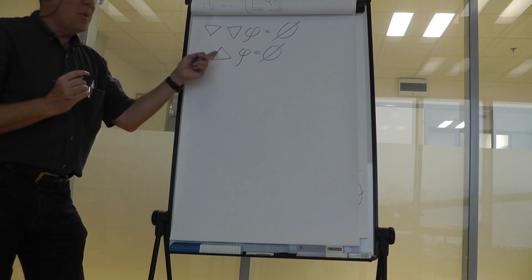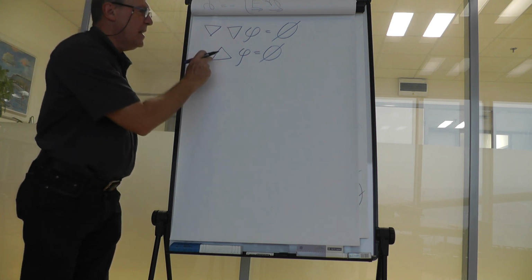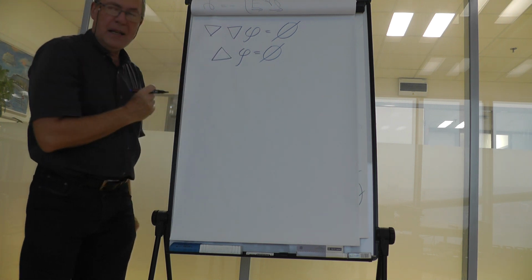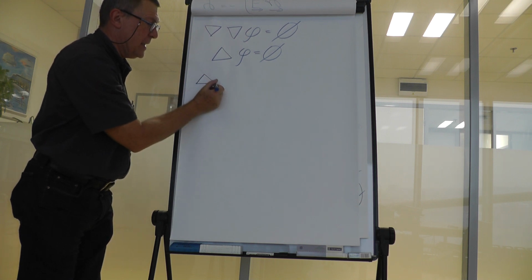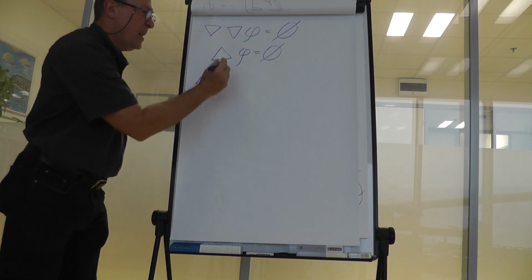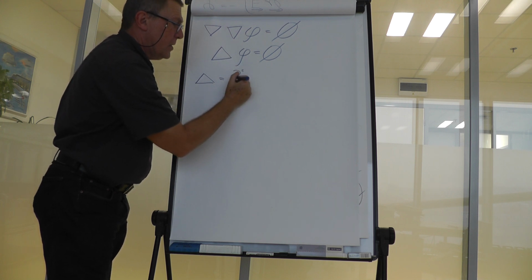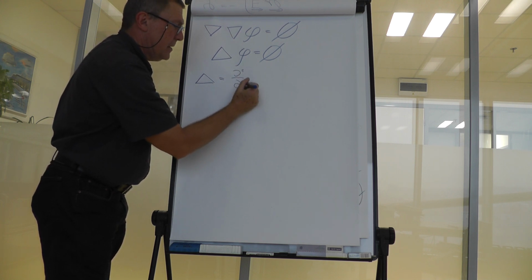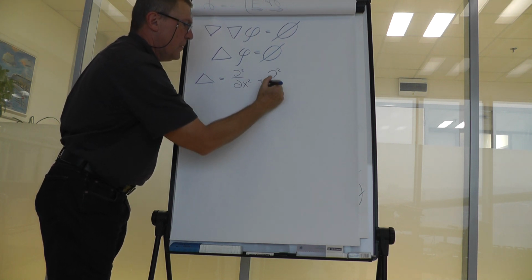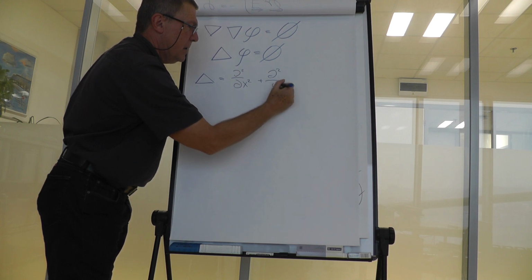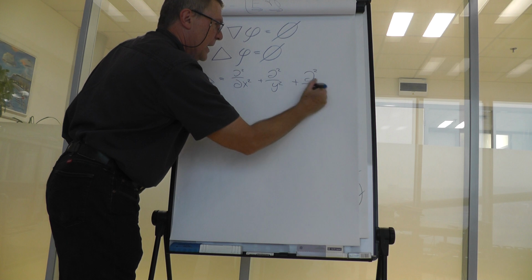Just before we try to talk about it, we should decrypt this triangle, which is the Laplace operator. So Laplace in Cartesian coordinates stands for a sum of the second derivative against x plus the second derivative against y plus the second derivative against z.